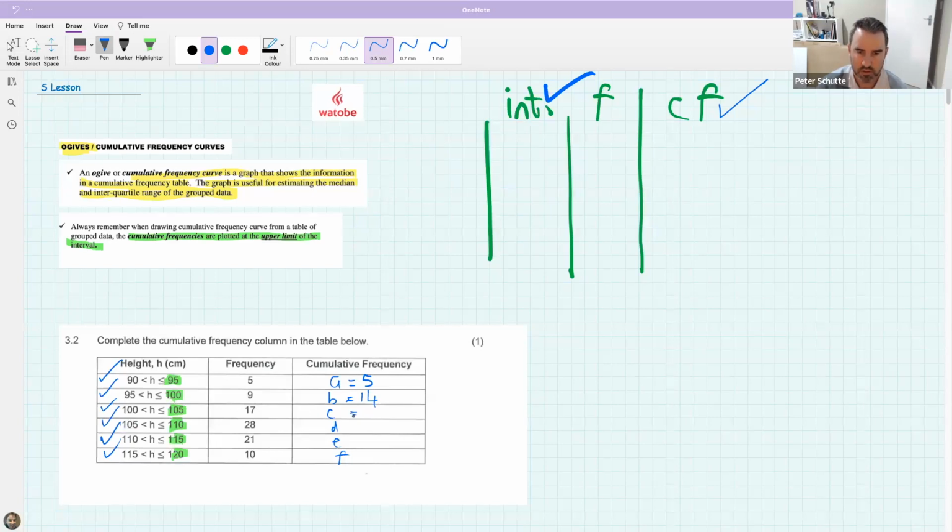What's that going to be? I think it's going to be 31. Let's see, 80. What's the last one going to be?